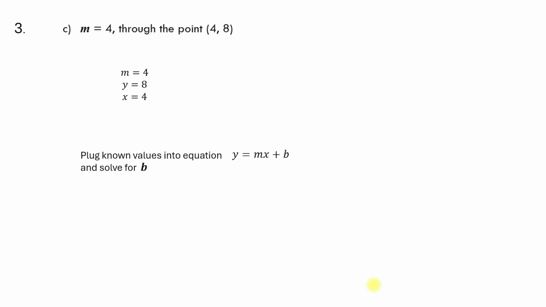Y is 8, m is 4, x is 4, and b we don't know yet. But now we can solve for b. We end up with a value of negative 8 for b. We now have enough information to write our equation: y equals 4x minus 8.